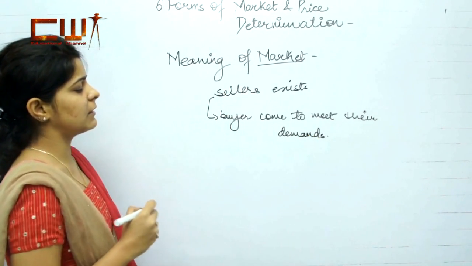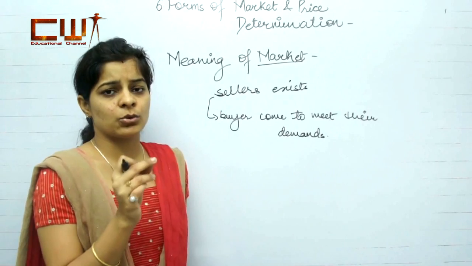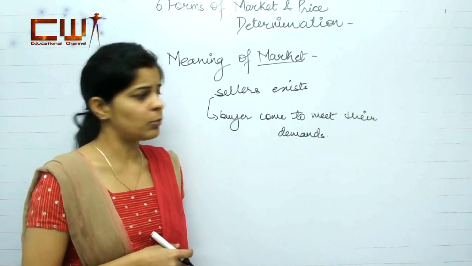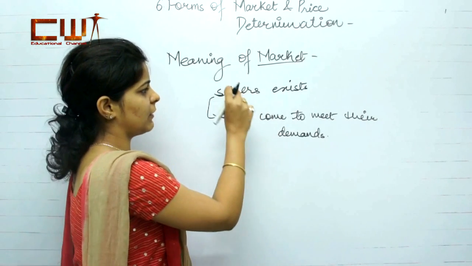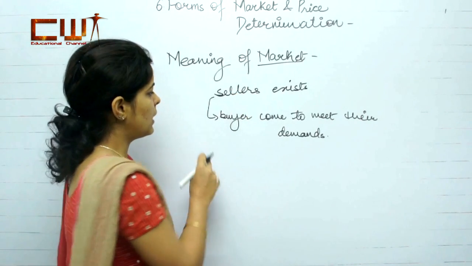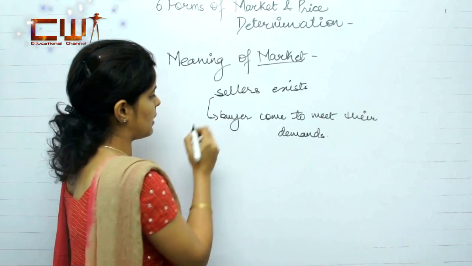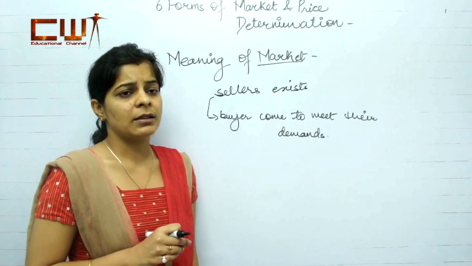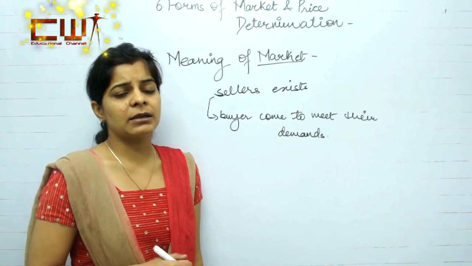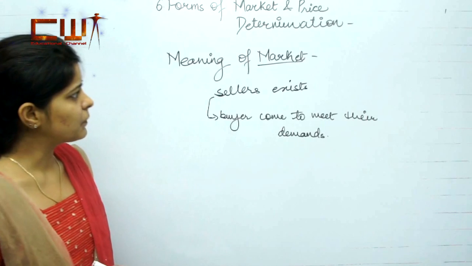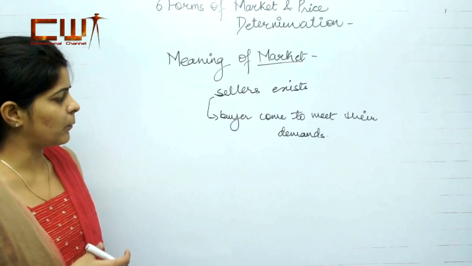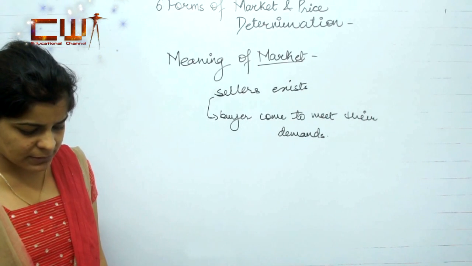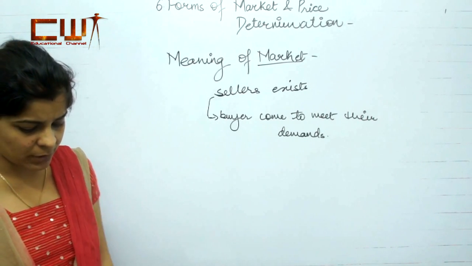One thing is certain: buyers will go to a place only when they know that the particular seller is present there with the kind of good they want to purchase. So sellers are already at a fixed place. Buyers have to look for which place or which type of goods they are looking for. They will go and meet the sellers, and the transaction will take place. That is known as a market. Both buyers and sellers come together, so it is the demand of the potential buyers of a product or a service.